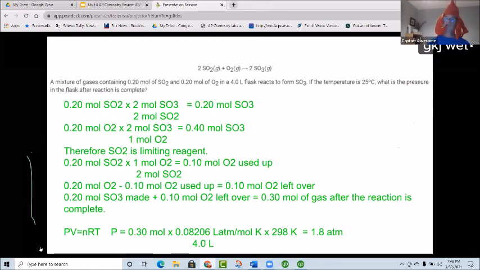I know I started with 0.2 moles of O2, and I used up 0.1 moles of O2. And then that would leave me with 0.1 moles of O2 left over. That means I made 0.2 moles of the SO3, and there was 0.1 mole left over, which means I have a total of 0.3 moles of gas when the reaction is complete.